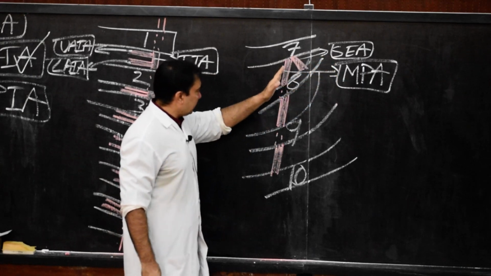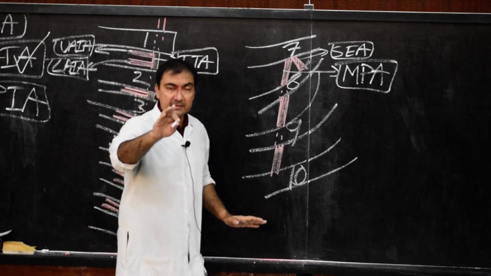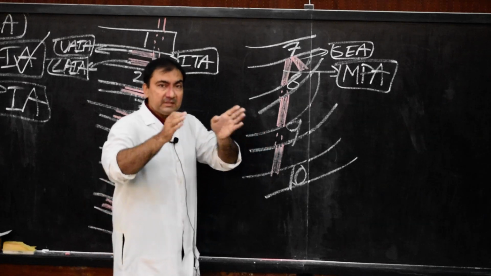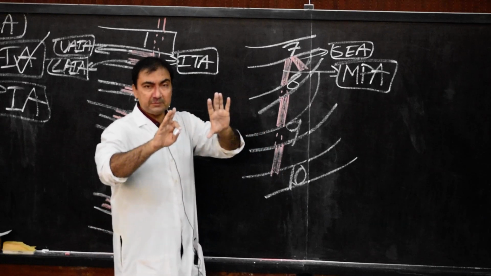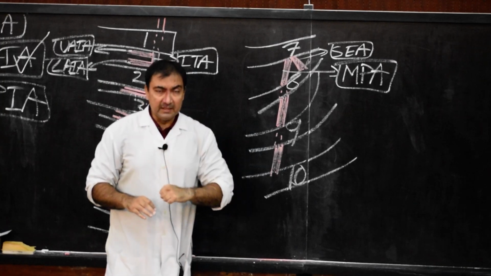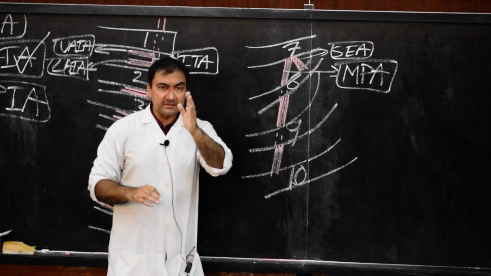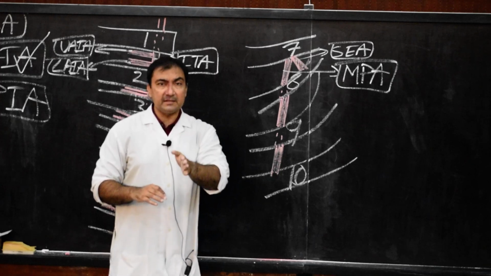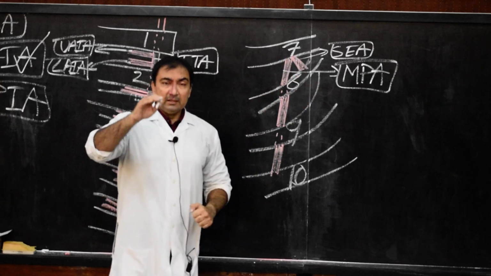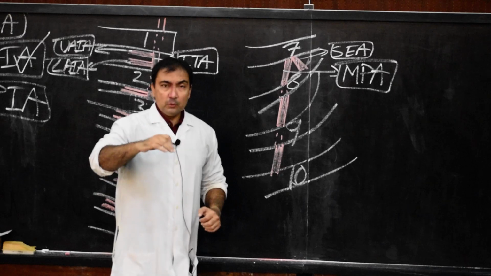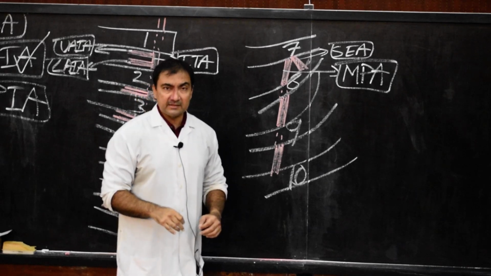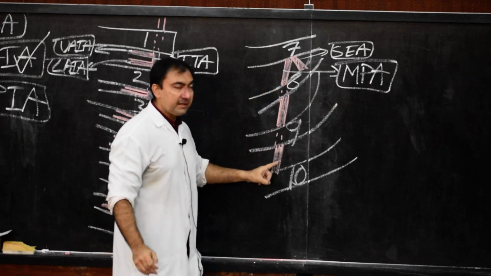This musculophrenic artery will provide the remaining anterior intercostal arteries in the lower 3 spaces. Which are the lower 3 spaces? Below the 6th intercostal space. In the upper 6 intercostal spaces, we have seen that all the anterior intercostal arteries are branches of the internal thoracic artery, and since below the 6th intercostal space the internal thoracic artery divides into musculophrenic and superior epigastric arteries, the 7th, 8th and 9th intercostal spaces will receive anterior intercostal arteries as branches of the musculophrenic artery.